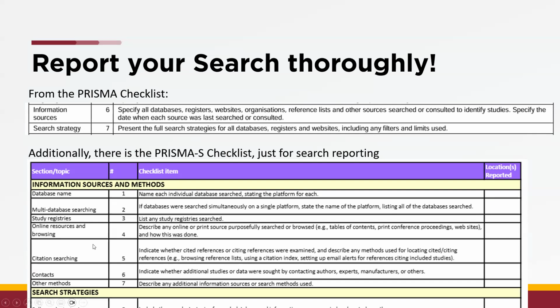And then there's also the PRISMA-S checklist, which is just about the search. Both of those are handy for going through and making sure you have covered all your bases and are reporting it out in your review correctly and not missing anything.